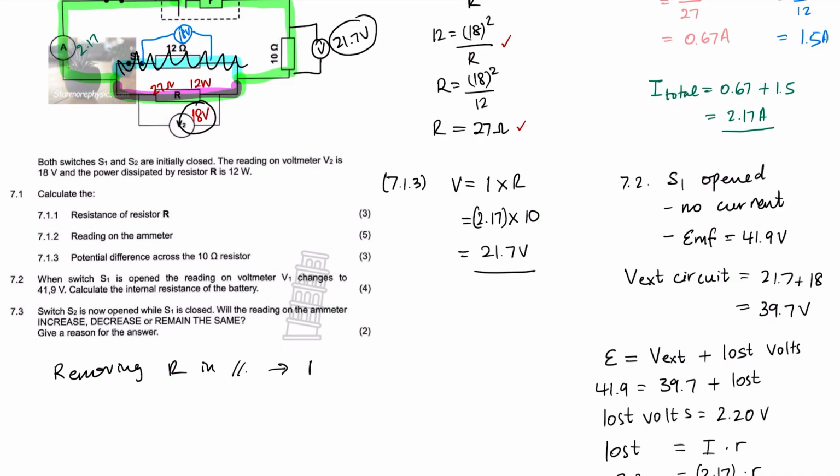That means the total resistance is going to increase. If the total resistance increases, the current will decrease. So the ammeter reading will decrease, and that's because the total resistance increased.